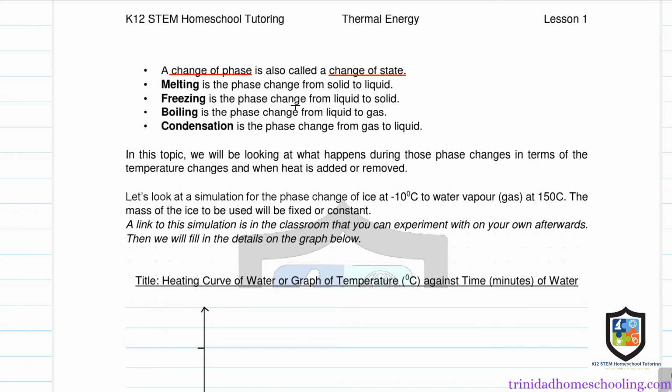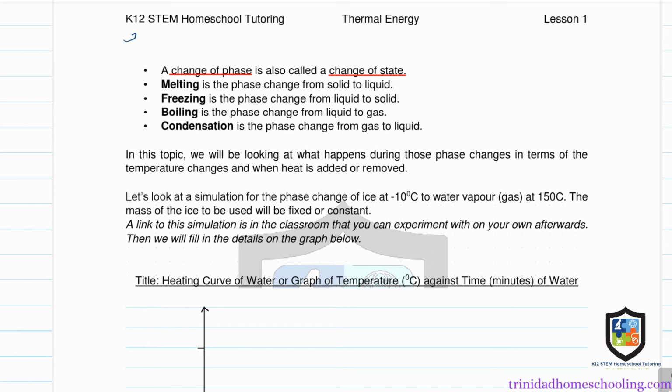Freezing is the phase change from liquid to solid. Boiling is a phase change from liquid to gas. And condensation is the phase change from gas to liquid. So a change of phase is always a process where there is a change from one state to the other.